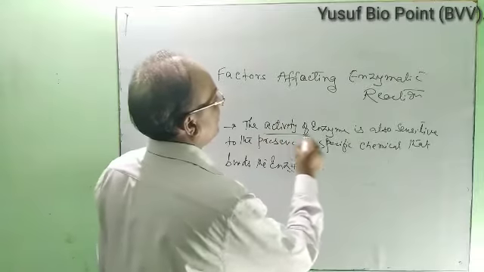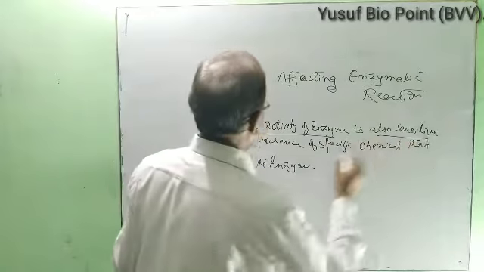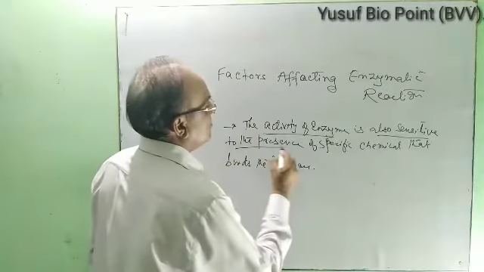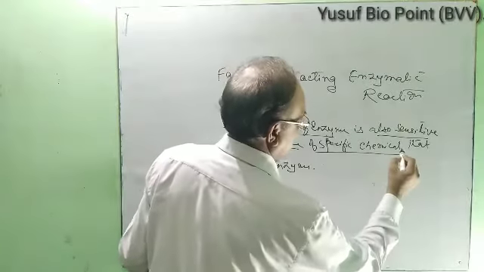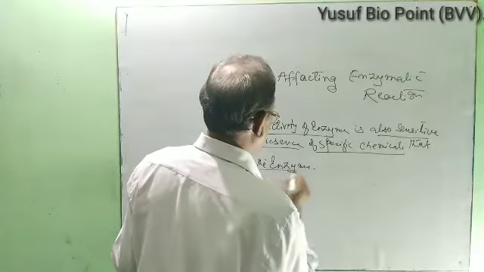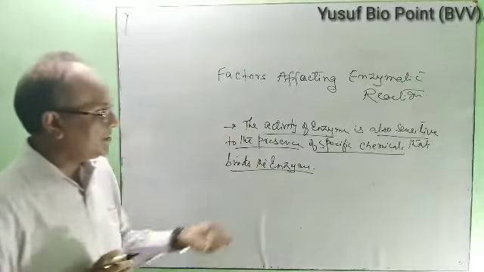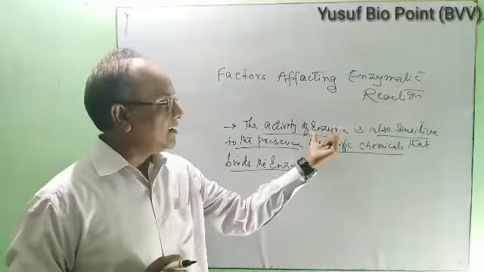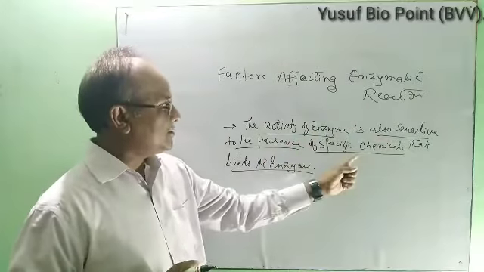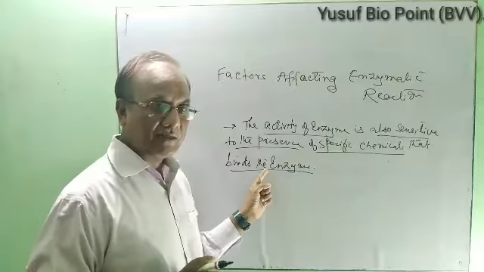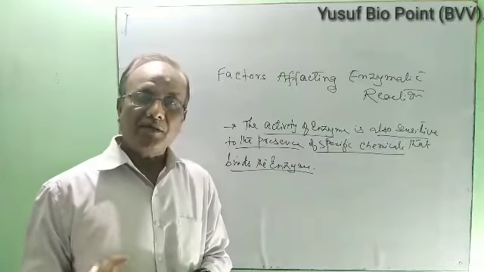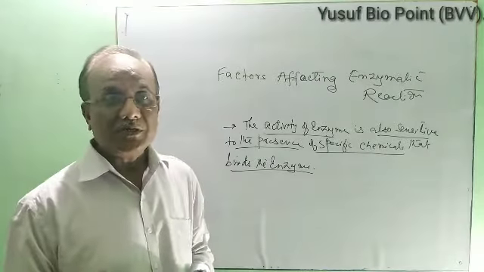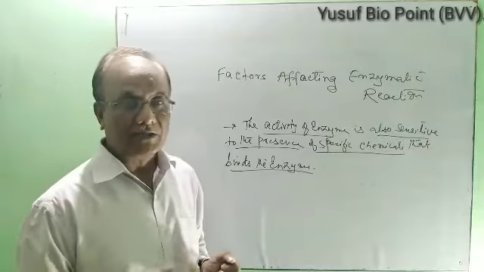The activity of enzyme is also sensitive to the presence of specific chemicals that bind the enzyme. And this is the most important line. Means what type of chemicals are present to bind at that time.